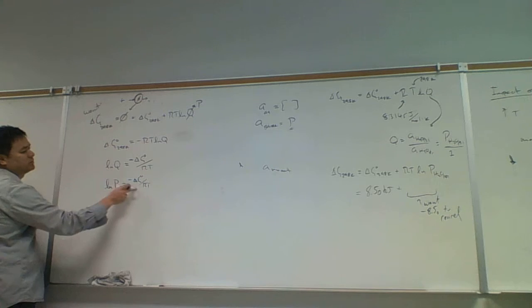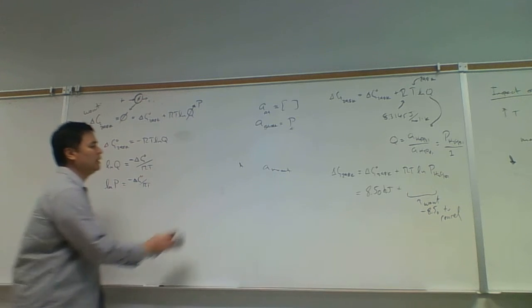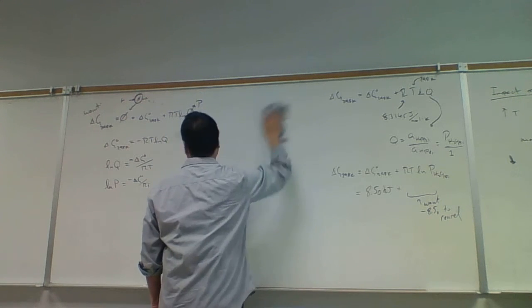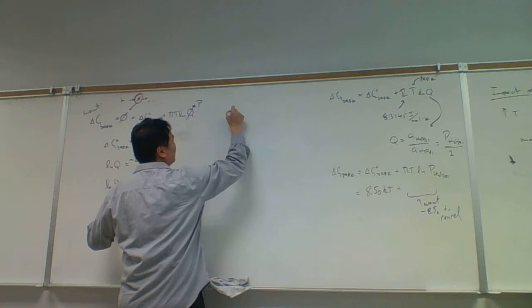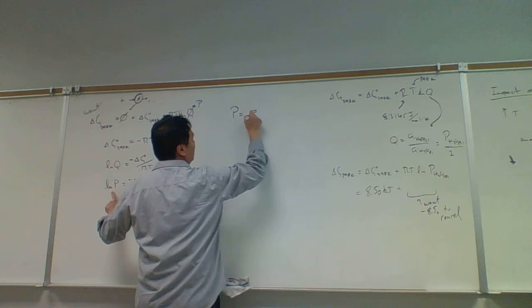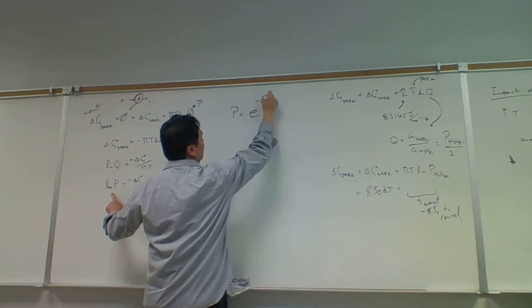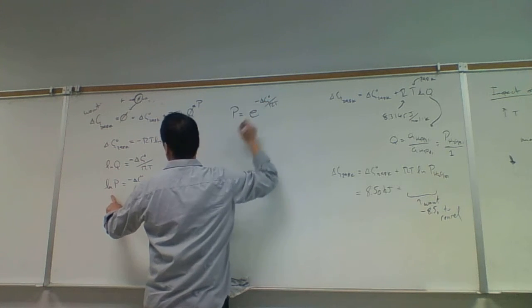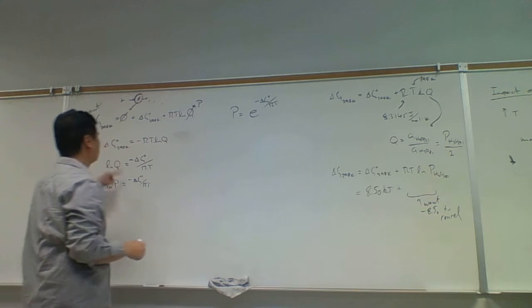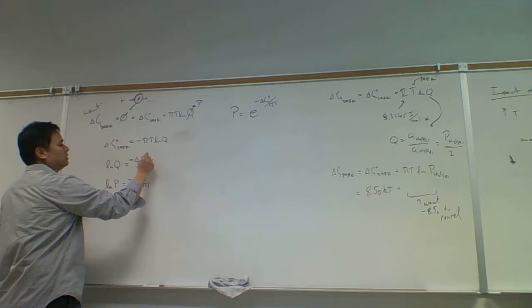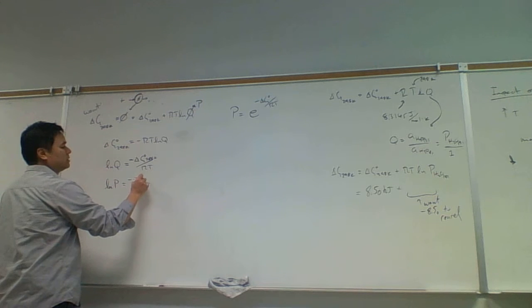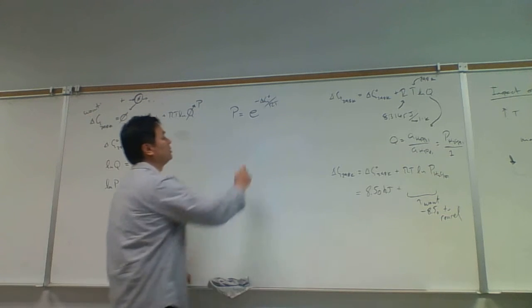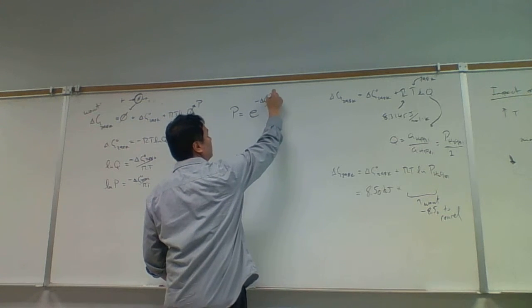Now we raise both sides to e, to get rid of the natural log, so that the pressure is equal to e to the minus delta G naught over RT. The delta G naught we have to keep track of, because this is the delta G naught at 298 Kelvin. That's the temperature we're interested in.